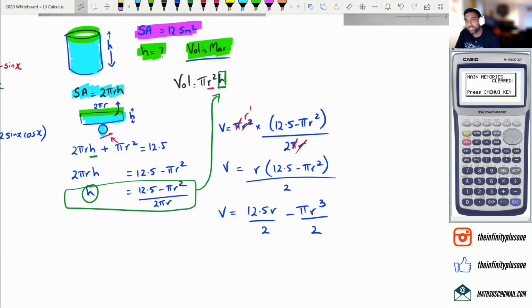So guys, at this point, we've actually got the volume equation really nicely set up. So we're just going to differentiate this. So V dash is going to equal 12.5 over 2 minus 3 pi r squared over 2.